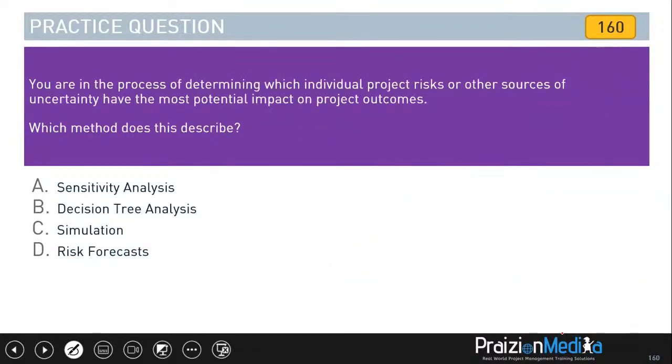You are in the process of determining which individual project risk or other sources of uncertainty have the most potential impact on project outcomes. Which method does this describe? I'll give you a few moments.